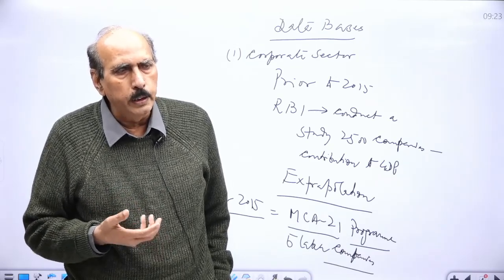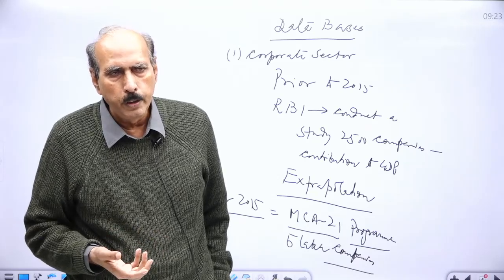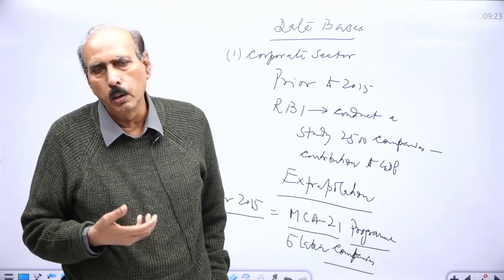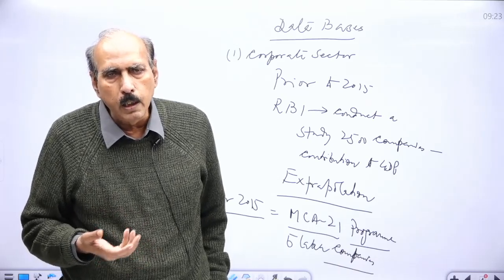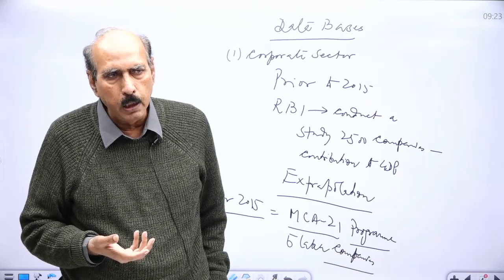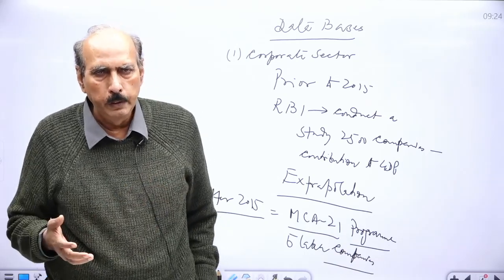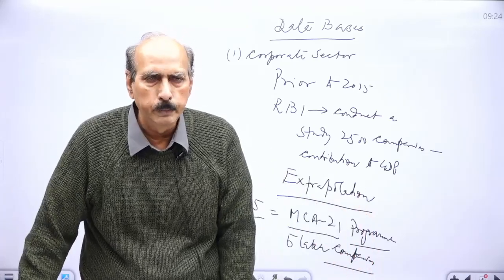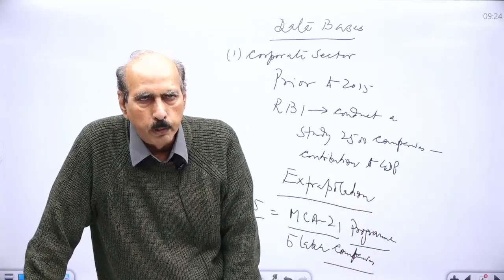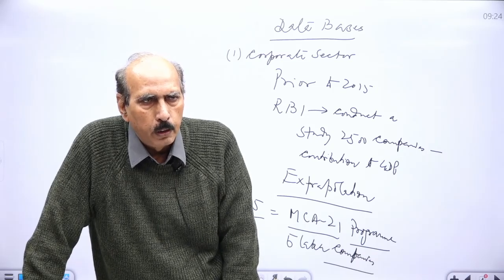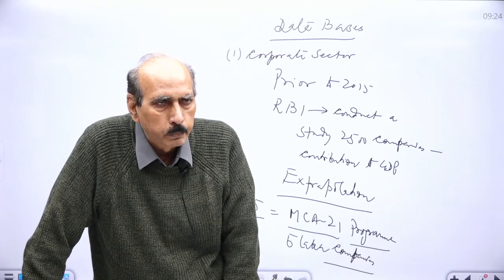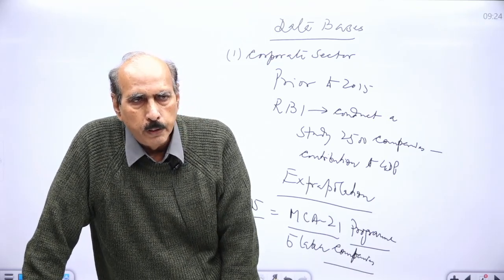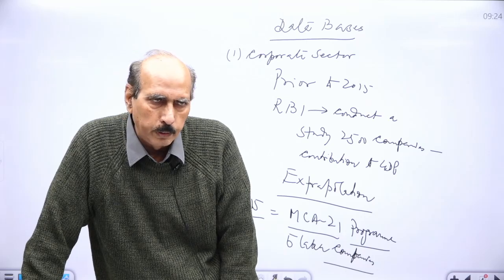Now we are taking into account all the autonomous bodies and local bodies which receive up to 60% of their total income as a grant from the government. All are included. Therefore, the database of autonomous and local bodies has changed.